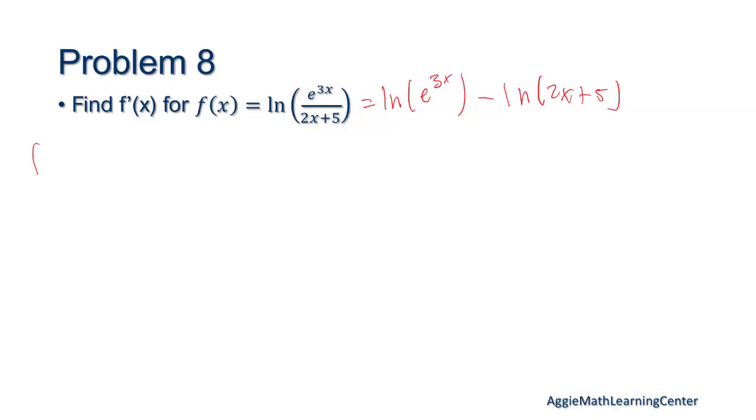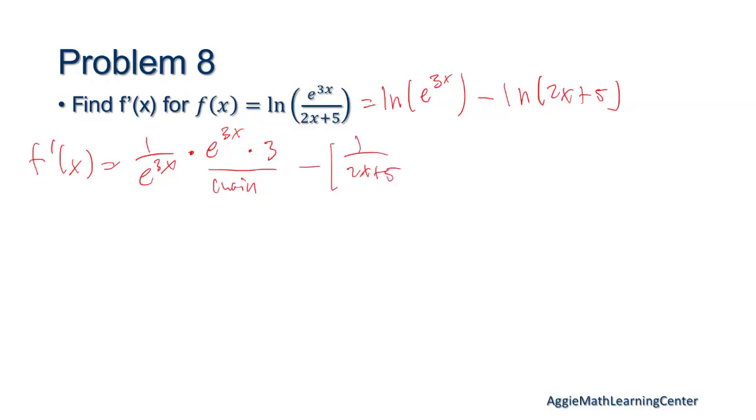Okay, so then I'm going to say f prime of x is going to be, so my first term, because the derivative of ln of x is 1 over x, so it's going to be 1 over e to the 3x, because of the chain rule, times the derivative of my inside function, which is going to be e to the 3x times 3, right, chain rule, minus, I'm just going to bracket it off again, 1 over 2x plus 5 times 2.